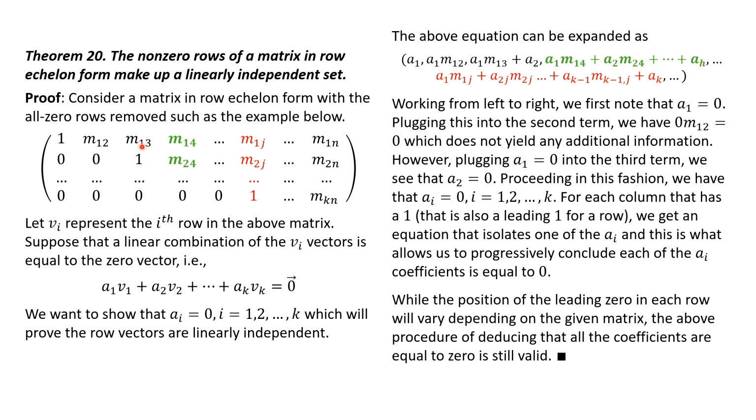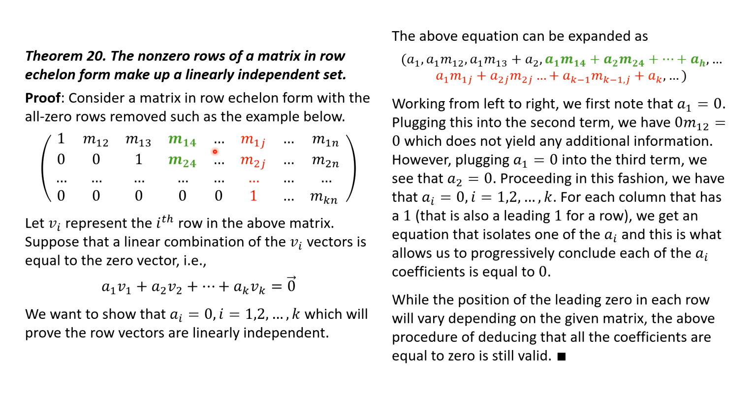In the third component, it's a1 times m13 plus a2 times m23. This one here. And then I color coded this to make it a little bit easier to see. Then the next component would be a1 times m14, a2 times m24. And I didn't put in the last element where you have a 1 here, but it's before k. I just called it a sub h. So that would be the last one. So these are all added together.